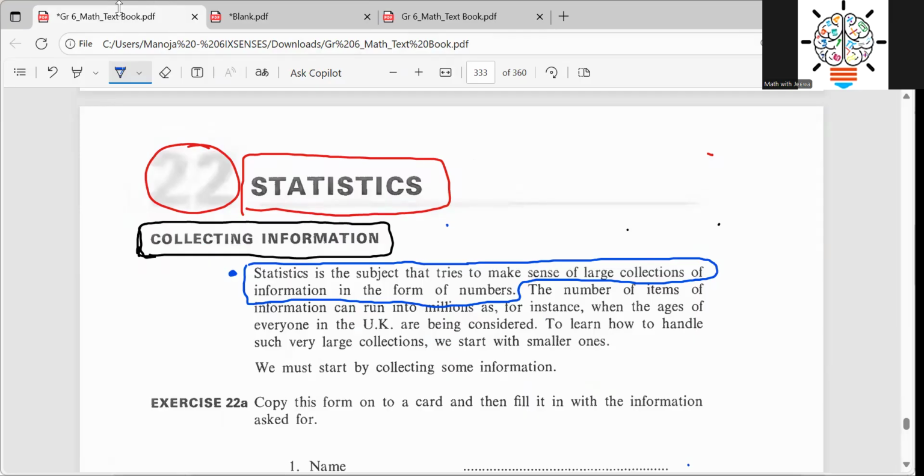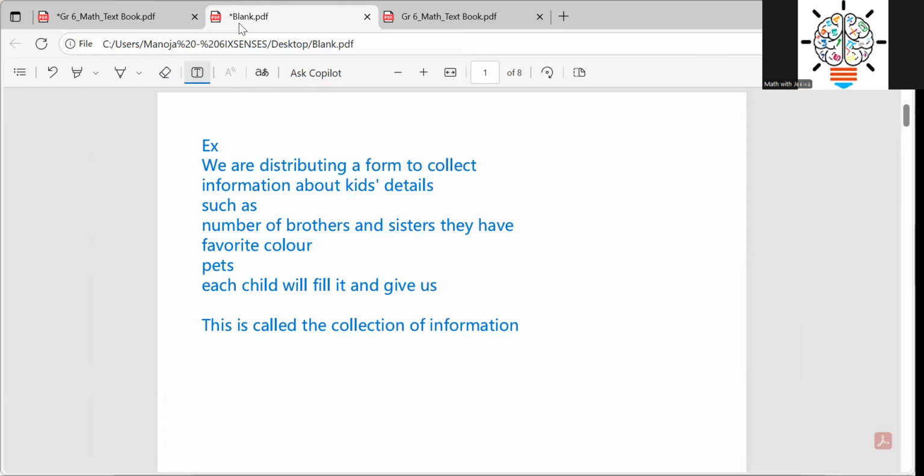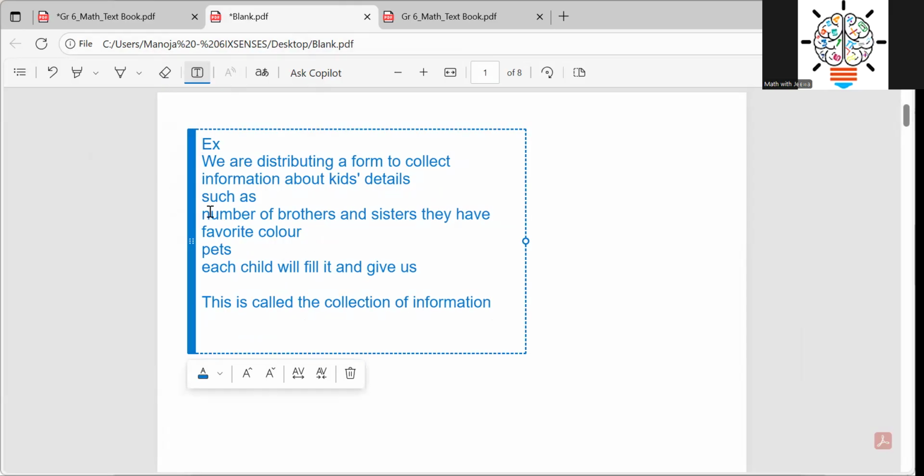Then the example: you can write that we are distributing a form or a kind of questionnaire sometimes to collect information about kids' details such as the number of brothers and sisters they have, favorite color, pets, and each child will fill it and give it to us. This whole process we call the collection of information. You can write down such as their favorite color and then pets.